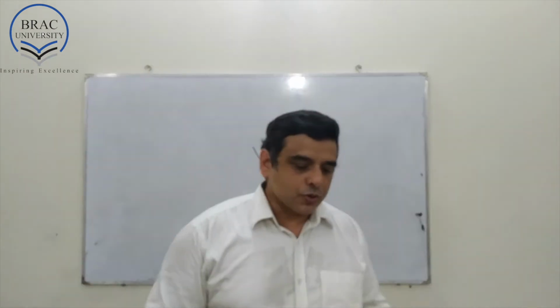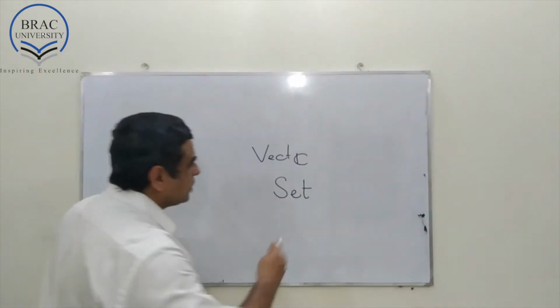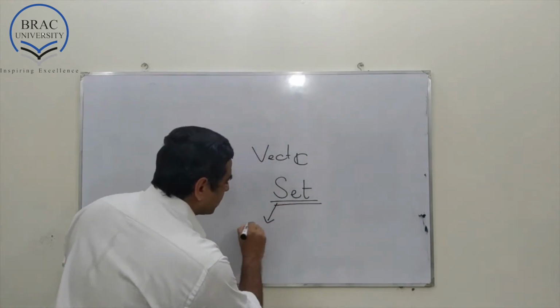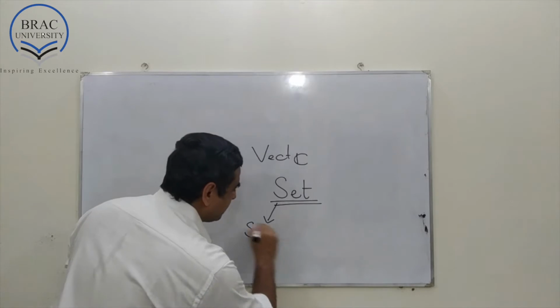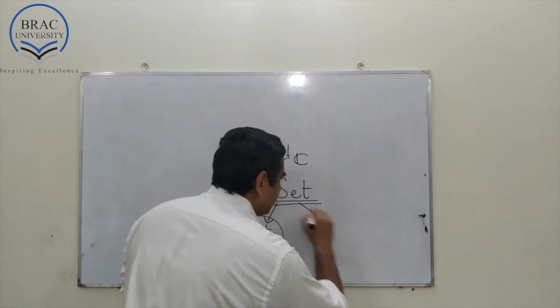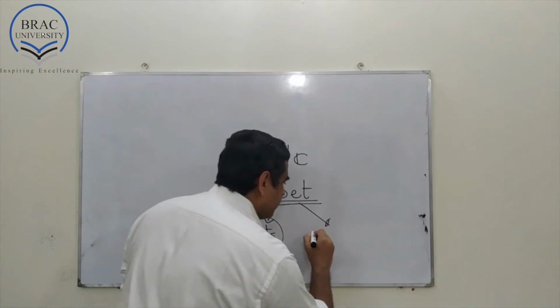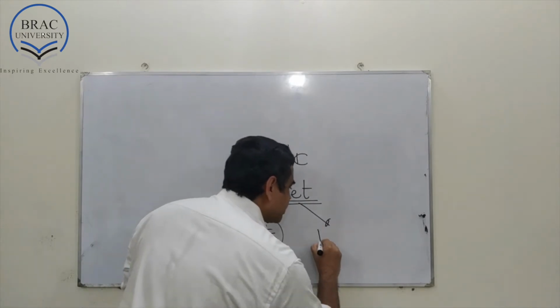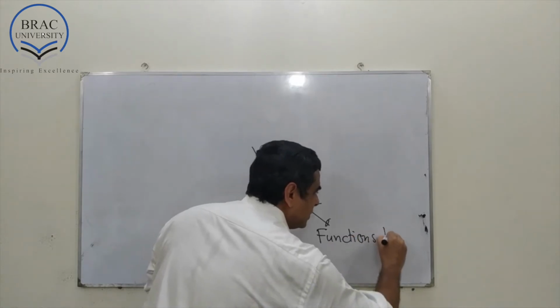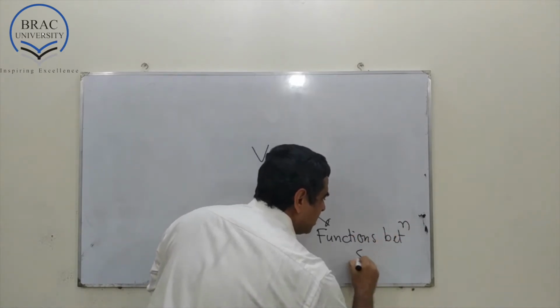Set is a category where the objects are simply sets and the morphisms are functions between sets.